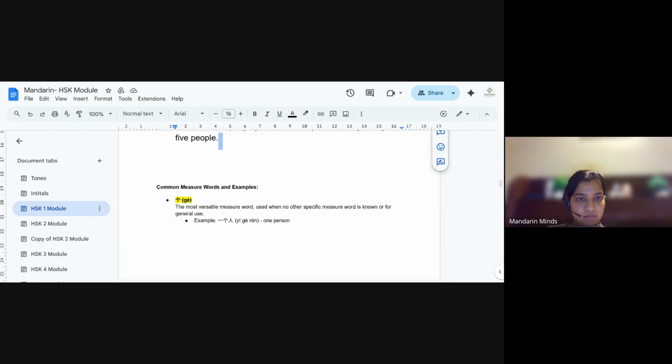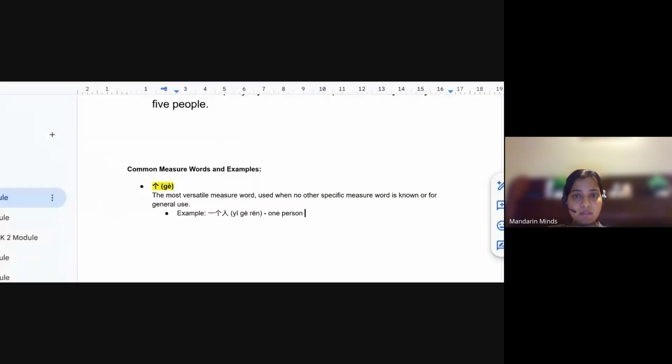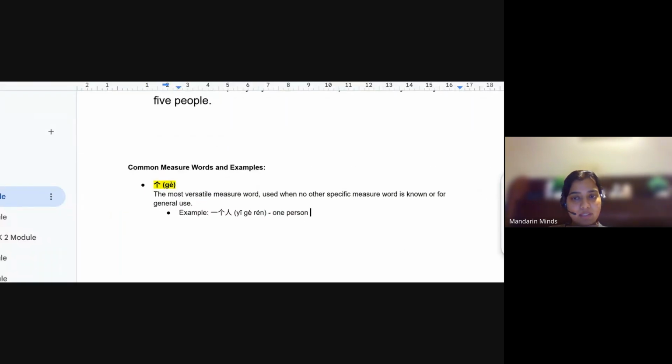G or K is the most common and versatile used measure word. So when there is no other specific measure word, then G is used there. So it is for general use. 一个人, 一个孩子, one child. 一个儿子, 一个女儿, one daughter, one son.